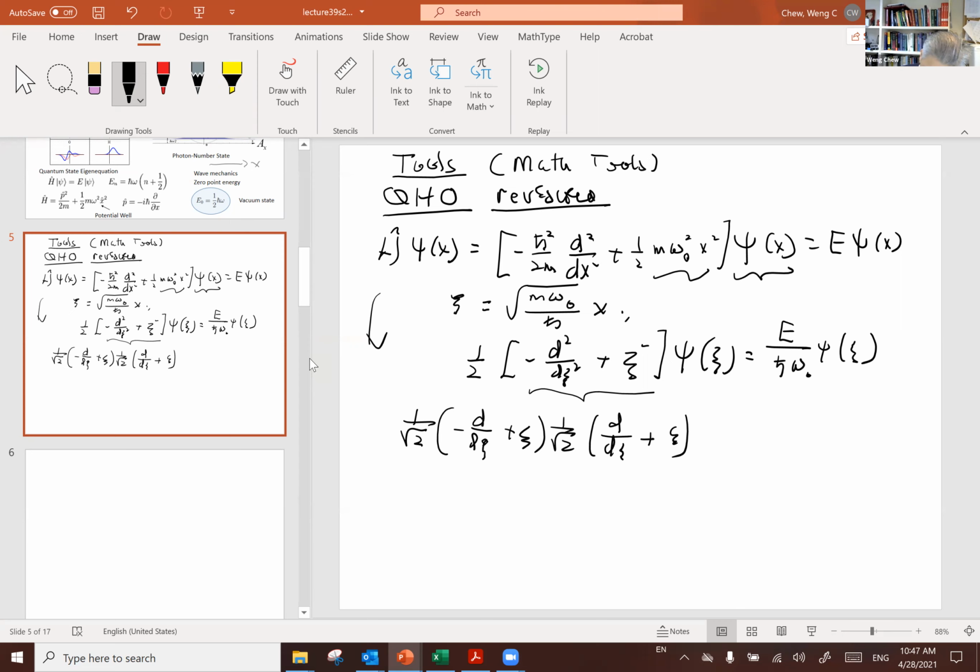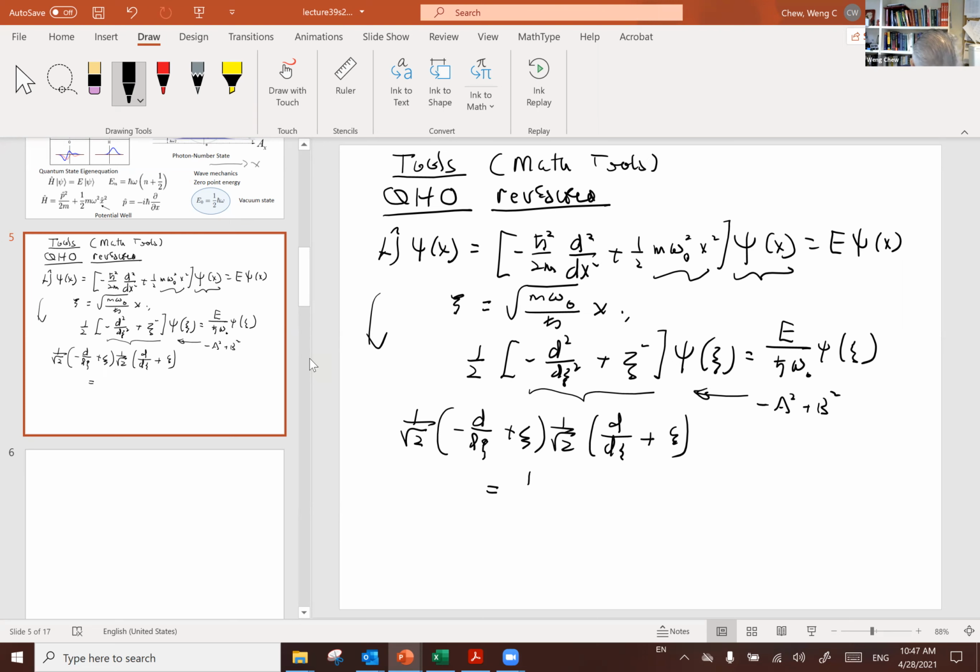This is very much motivated by the fact that this looks like minus a squared plus b squared. Because it looks like minus a squared plus b squared, maybe I can try a factorization that looks something like that. And if you do this factorization and multiply things together, things do not quite work out as you expected.